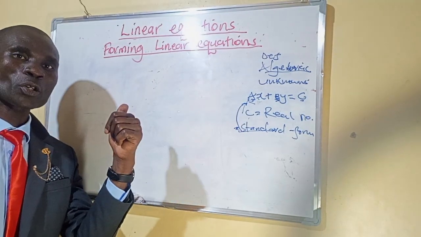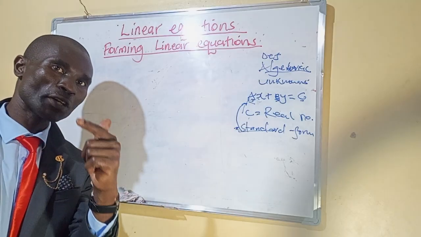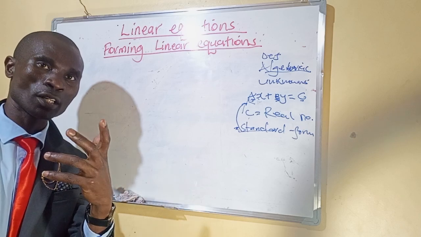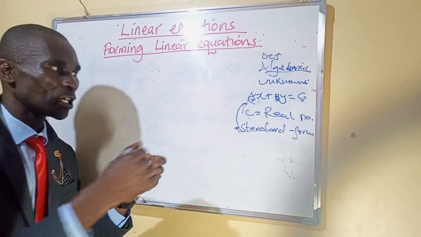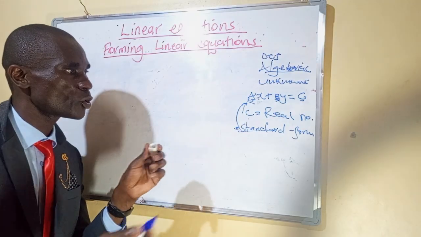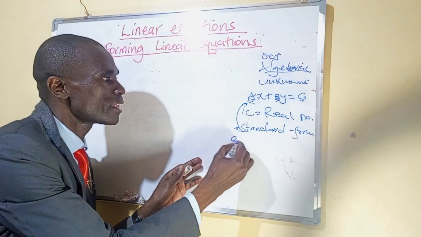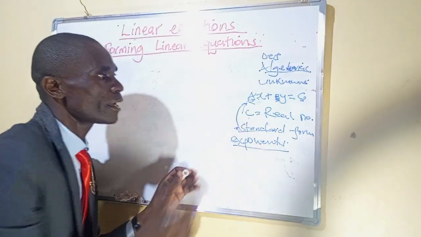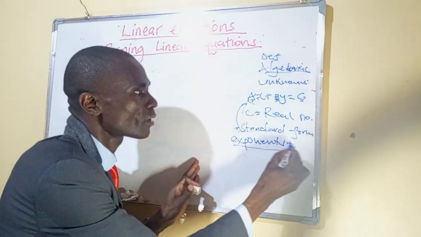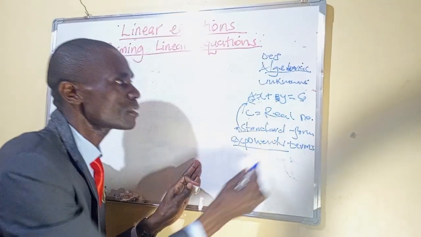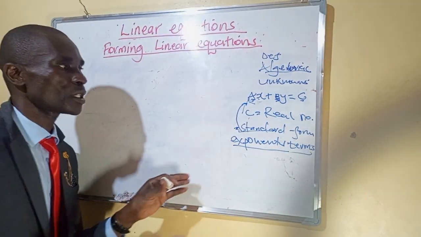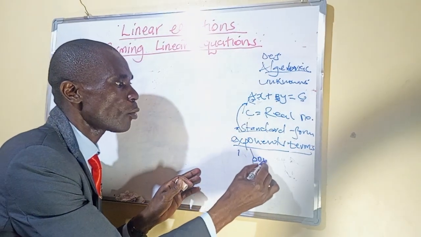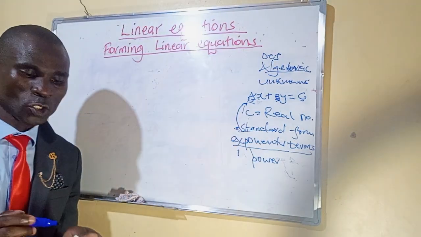A linear equation, I repeat, is an algebraic expression in which the exponents of the terms are 1. That is also another thing you are supposed to take into consideration. Exponent is simply the power. Earlier on, we talked about powers of numbers.